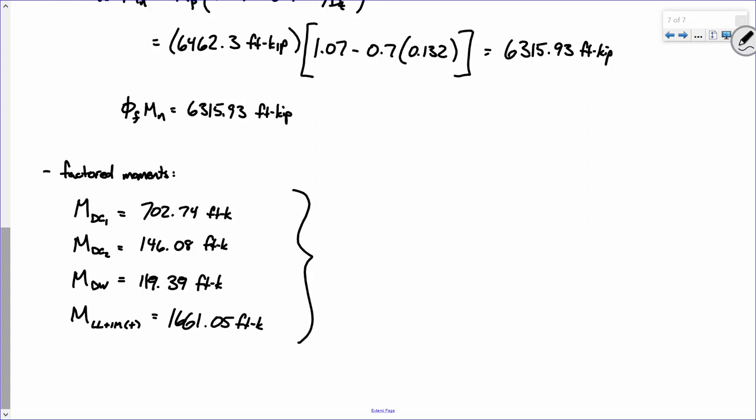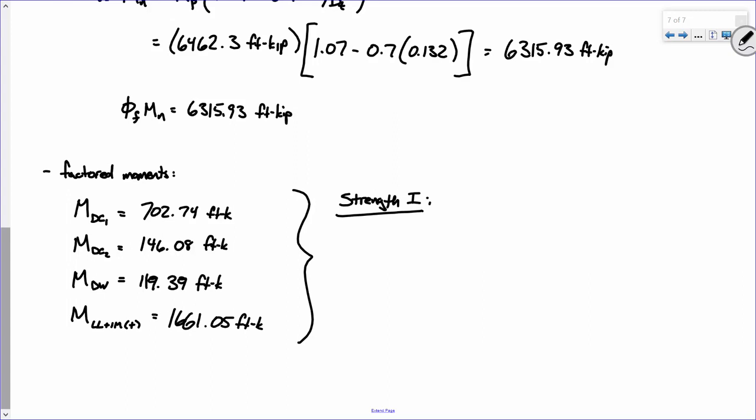All right. Sound good? Now we need to take these moments and factor them, okay? Now I'm factoring them according to the strength limit state. Specifically, strength 1.